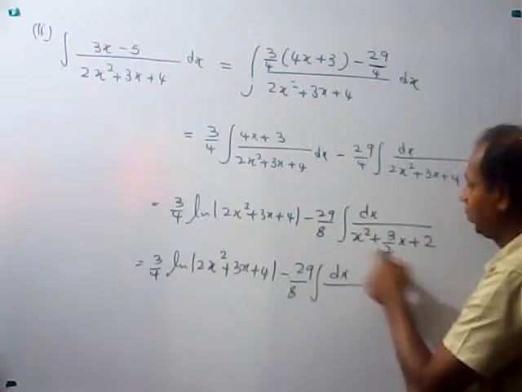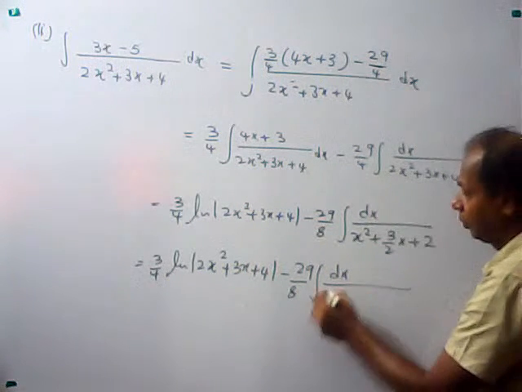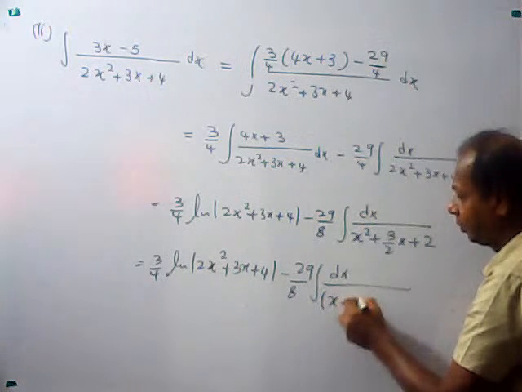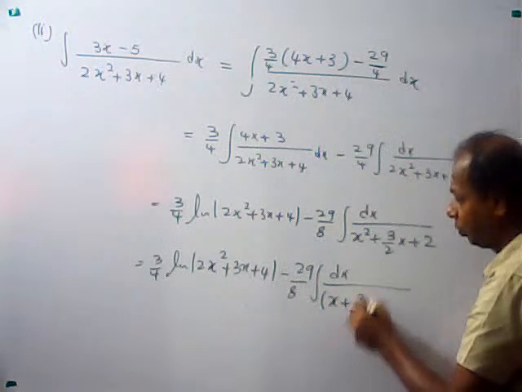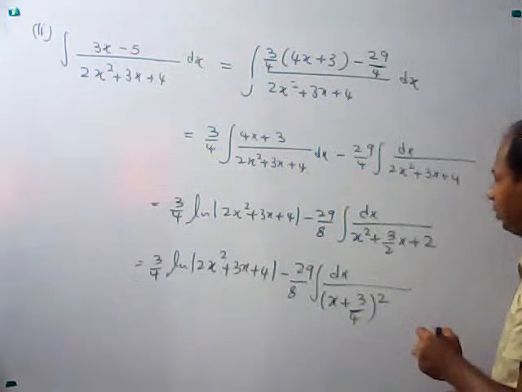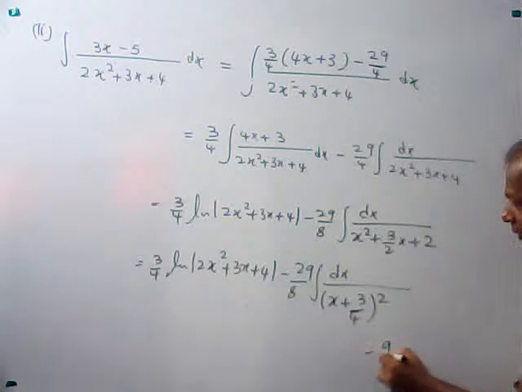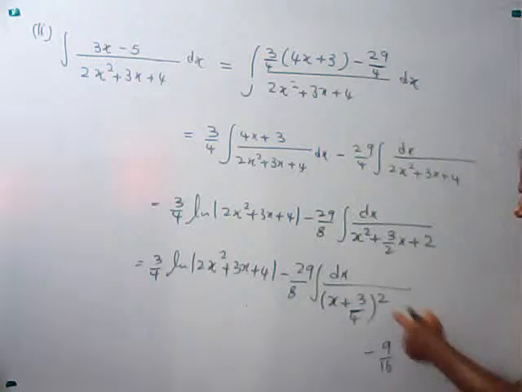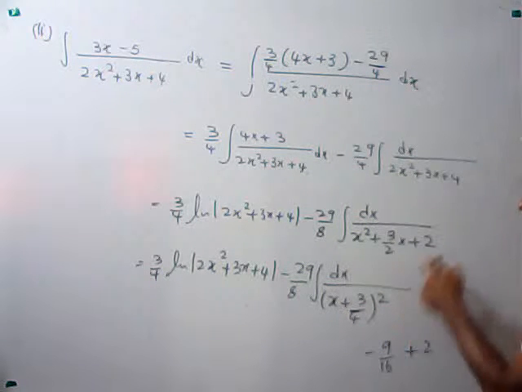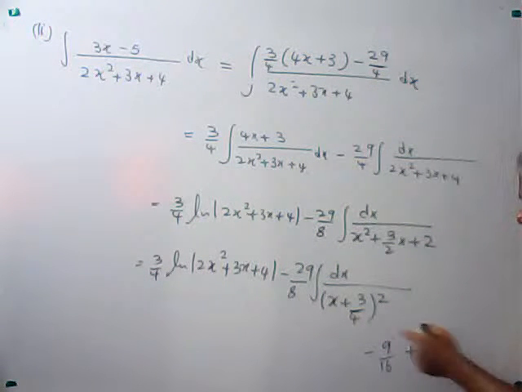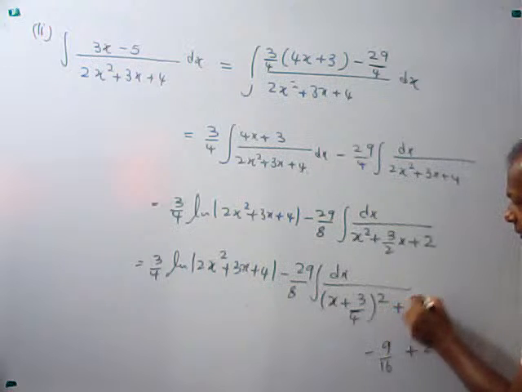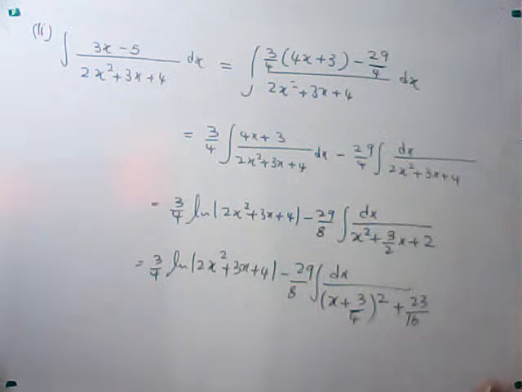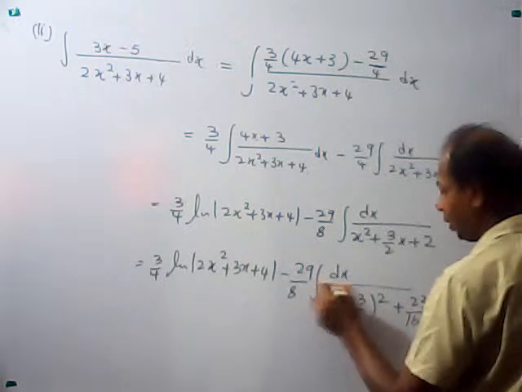Then complete the square. x plus 3 over 4 squared, so minus 9 over 16 plus 2. That is 32 minus 9 plus 23 over 16. That's what we get completing the square.